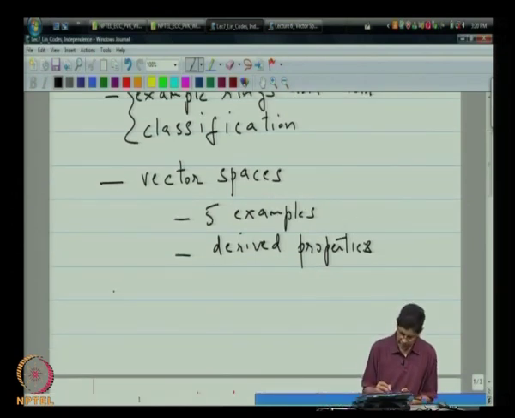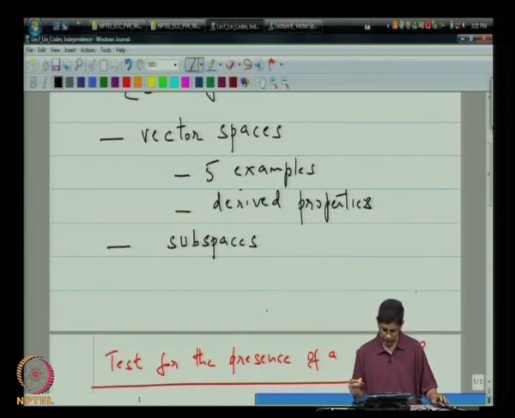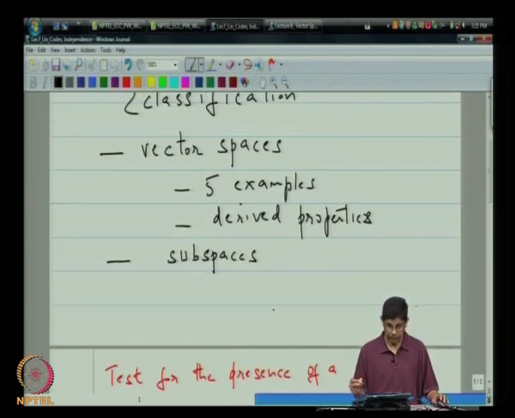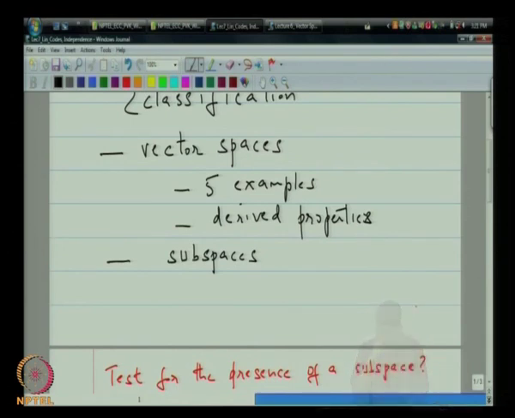Then towards the end of the lecture, we started talking about subspaces, and we talked about how one would go about testing for the presence of a subspace.